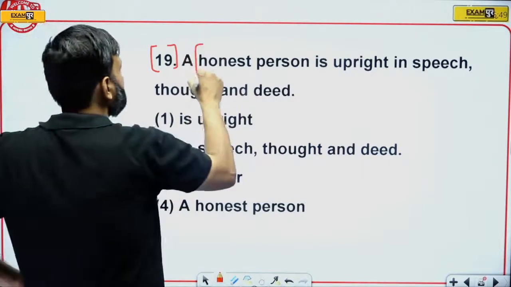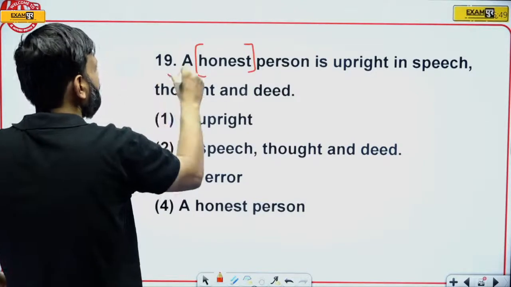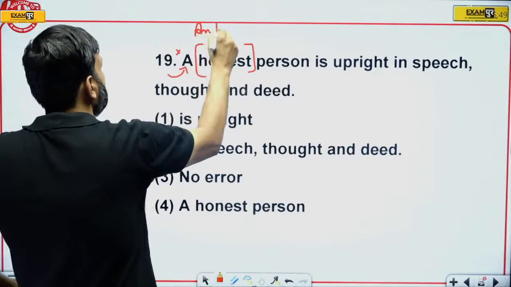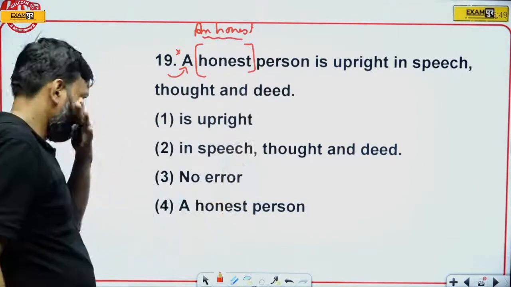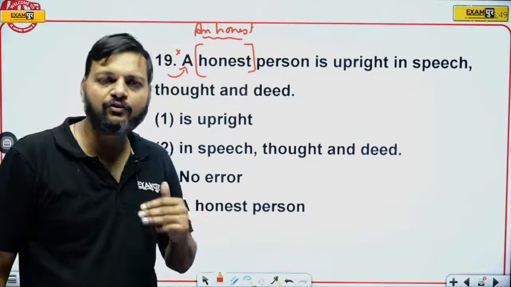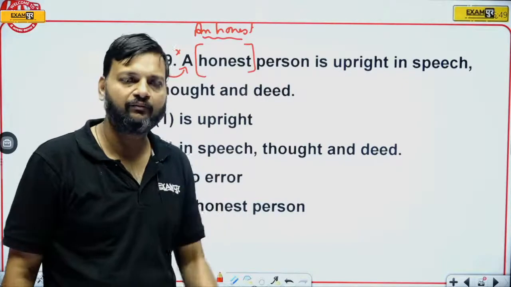Here with "honest", the use of "a" is wrong. It should be "an honest", because "a" or "an" is always used according to the pronunciation of the word.